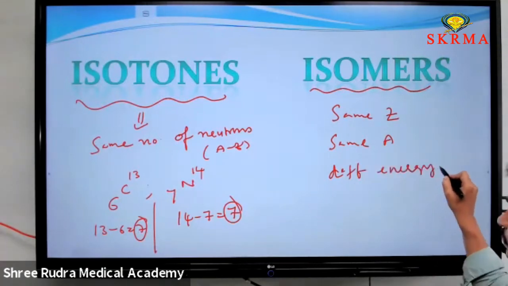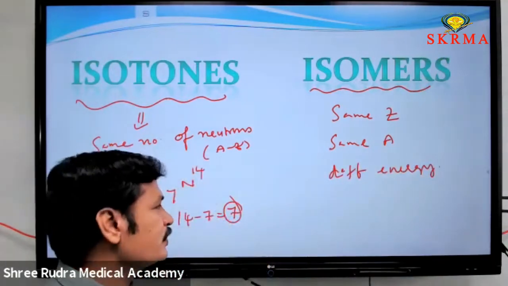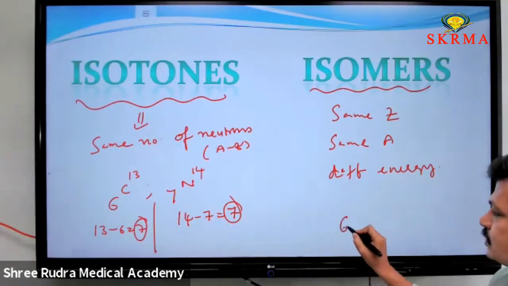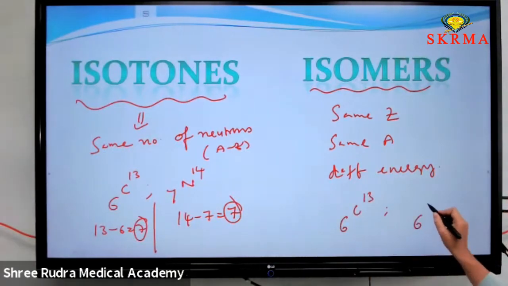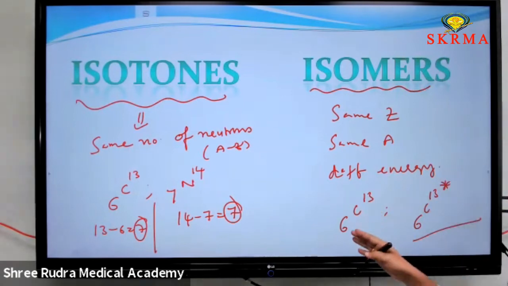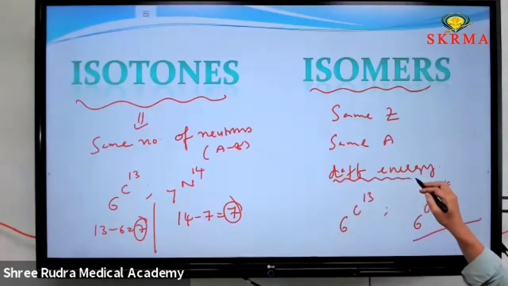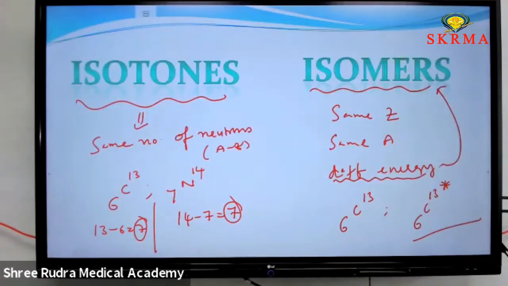Physically, suppose 6C13 is one carbon isotope, and 6C13 star represents an excited state, meaning the energy is different compared to 6C13. Whenever two nuclei have different energy, they come under the category of isomers.